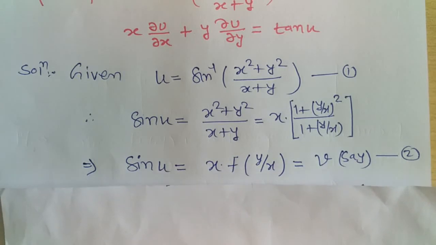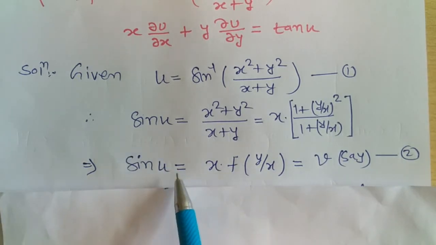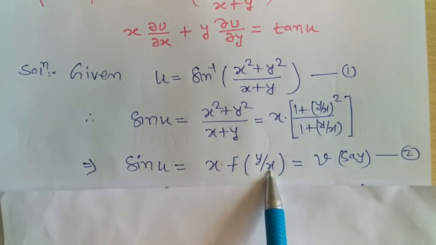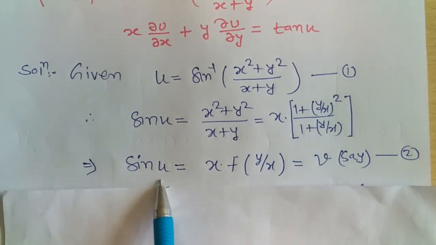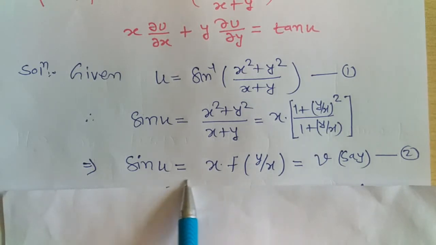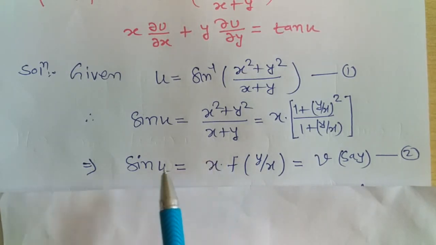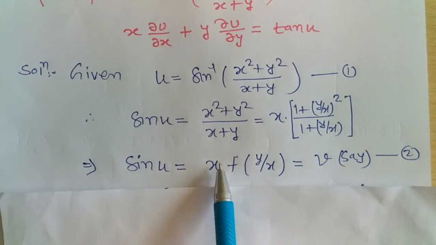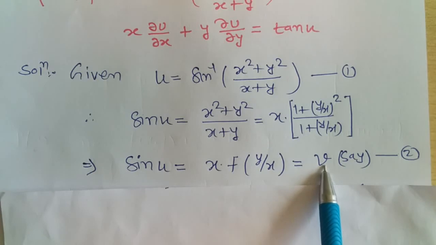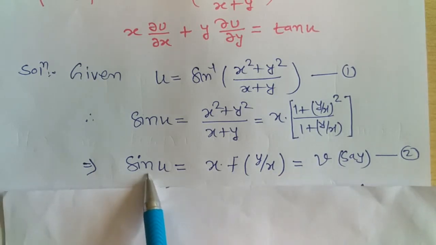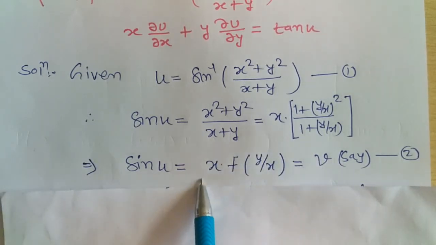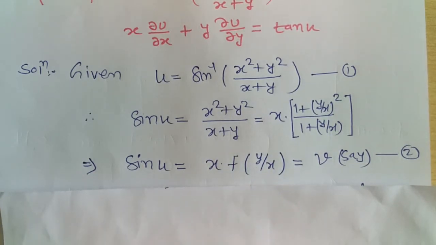Therefore, sine u is equal to x into function of y by x. So this is the expression of a homogeneous function of degree 1. So sine u is a homogeneous function of degree 1. Suppose we denote this function by v. So v equal to sine u is a homogeneous function of degree 1.